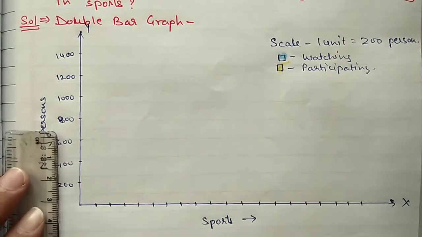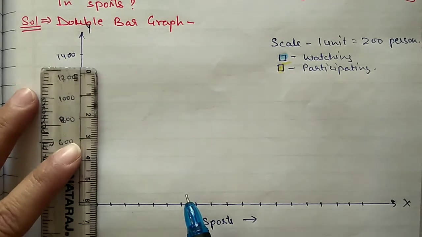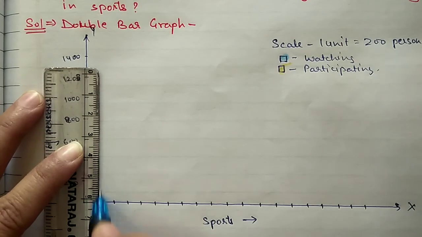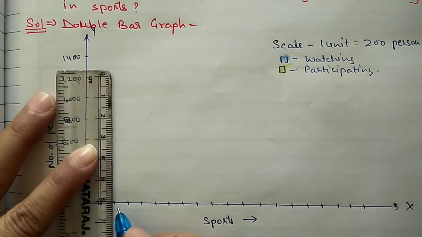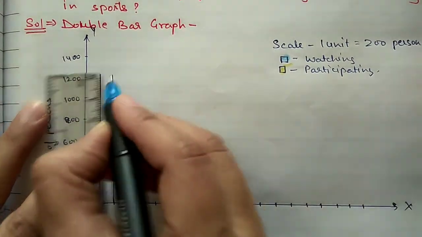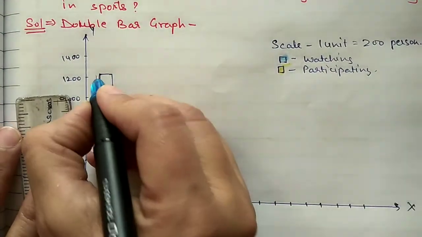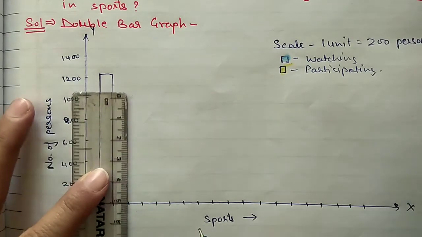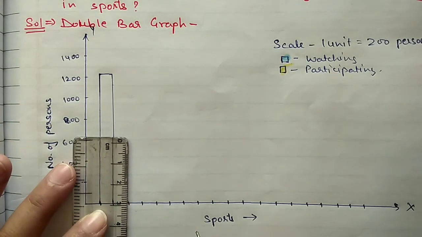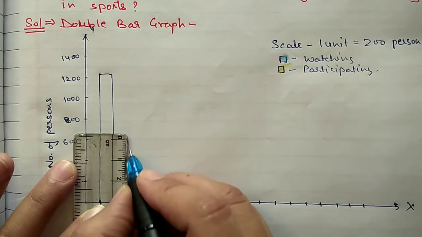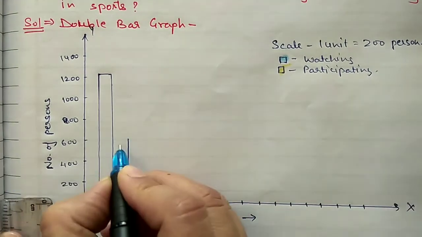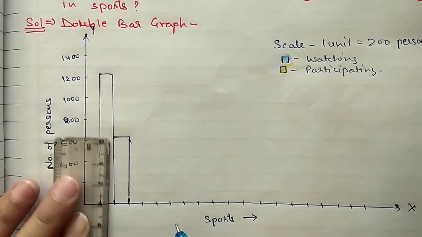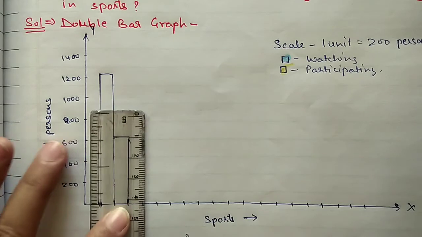First cricket watching are 1240, so 1240 will come nearby here, more than 6 centimeter. Then participating 620, then leave one gap, represent for basketball 470.